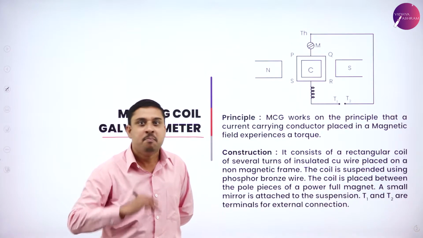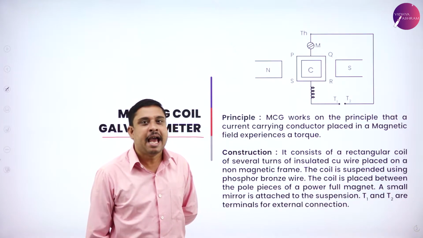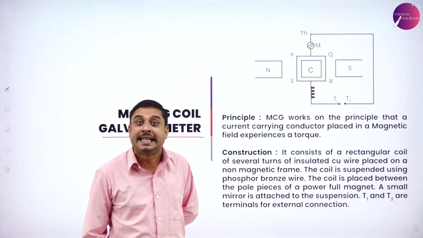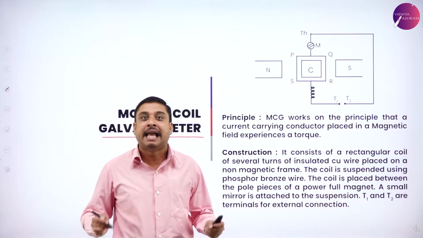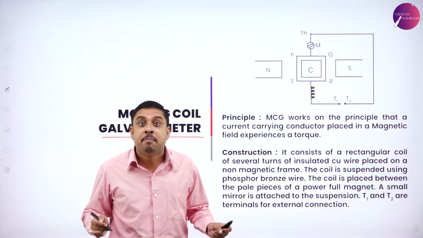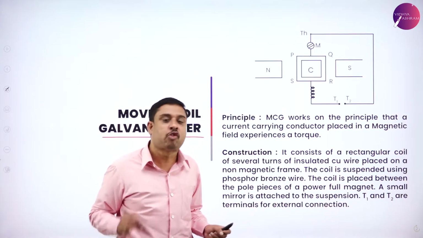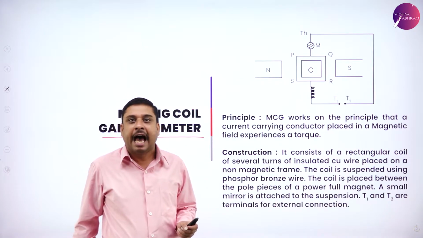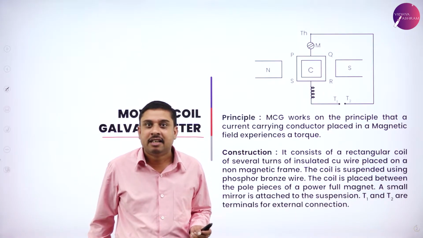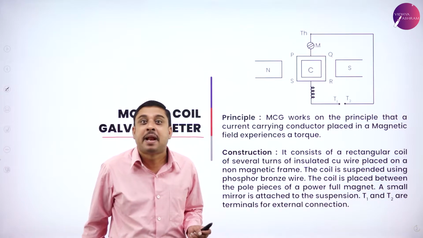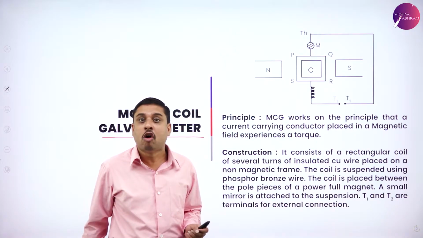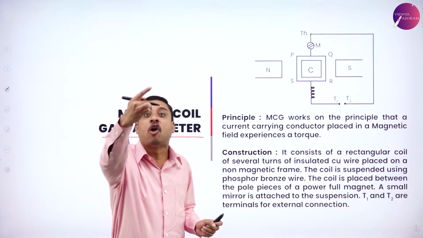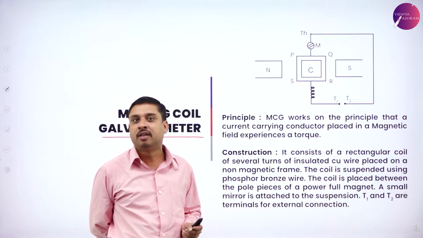There is a misconception about a galvanometer. It is said that a galvanometer measures the strength of current. No. A galvanometer checks the presence of current or even gives the direction of current in a circuit.